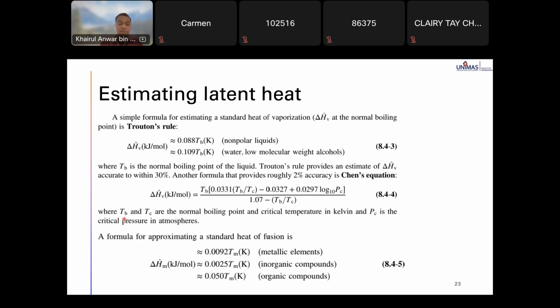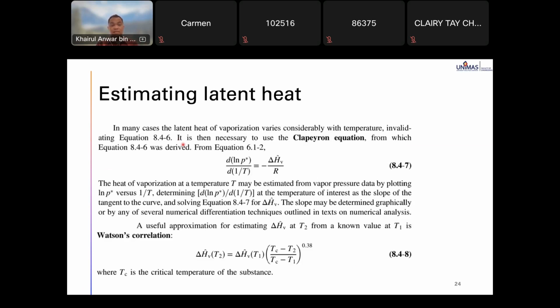For a formula for approximating a standard heat of fusion or heat of melting, refer to this condition. In many cases, the heat of vaporization varies considerably with temperature, invalidating equation 8.4-6.